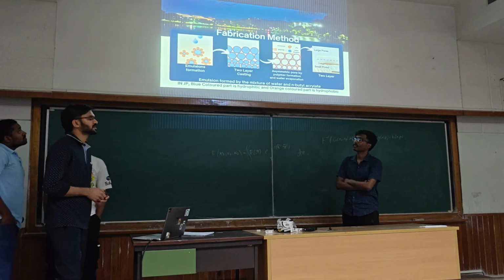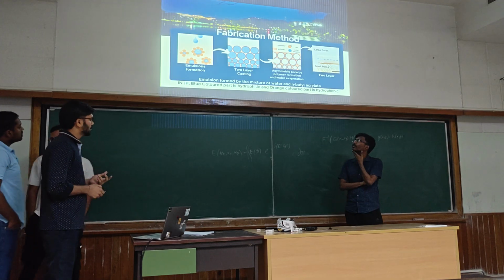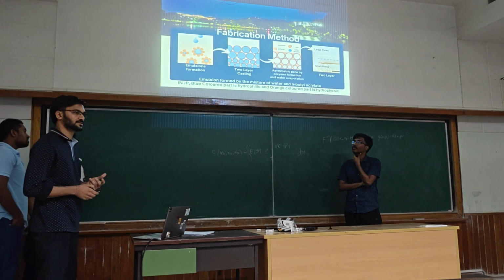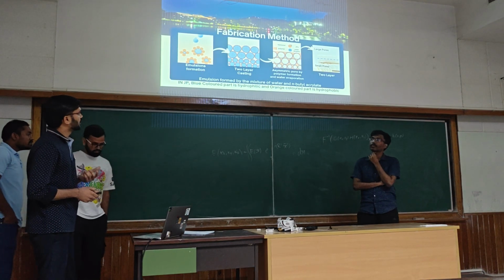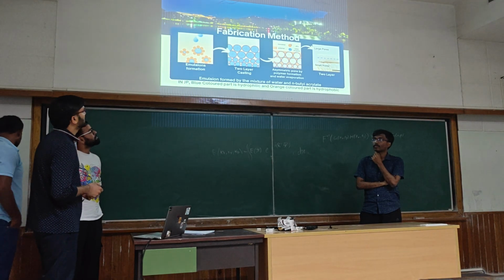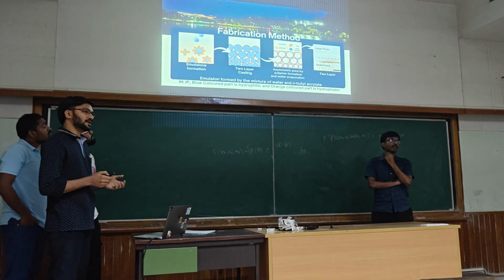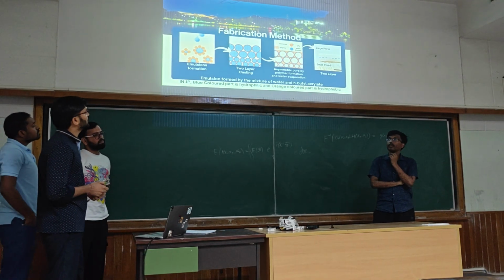Now I will explain the fabrication method. First we form the emulsion, adding n-butyl acrylate with Janus particles in a glass bottle, and then we add water with a dropper. After adding the water, we mix it strongly so that the water breaks into smaller droplets.